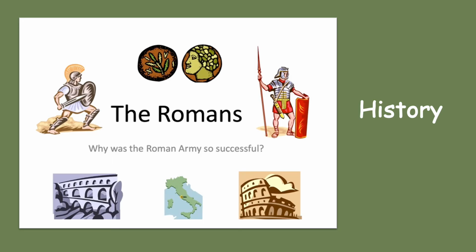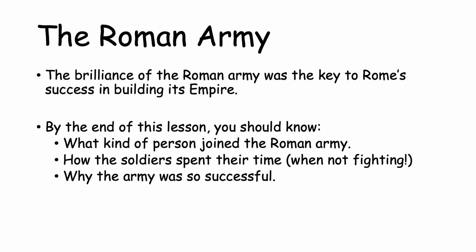Okay, so in our history topic, we've been learning about the Romans and why the Roman army was so successful. So let's see what we're going to be doing today. The brilliance of the Roman army was the key to Rome's success in building its empire.